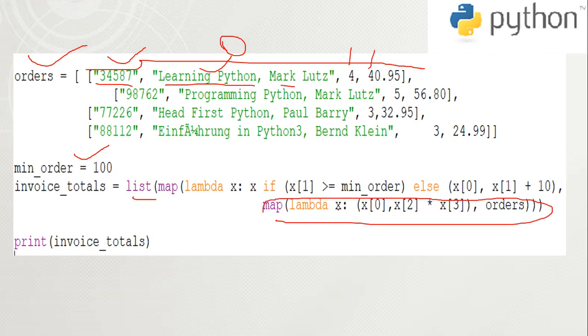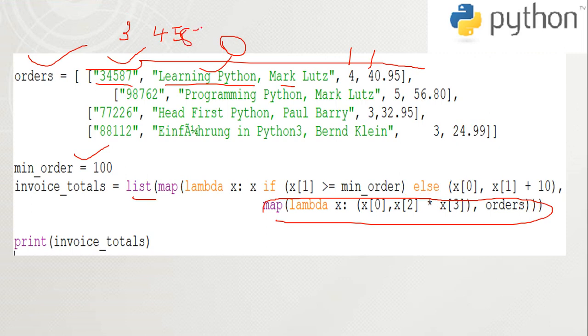because the inner one, x of 0, what is x of 0 here? x of 0 is this, then x of 1 is this, x of 2 is 4, x of 3 is this, then this will be written here. First it returns this one and quantity into price, this one quantity into price, this one quantity into price, likewise it is taken.